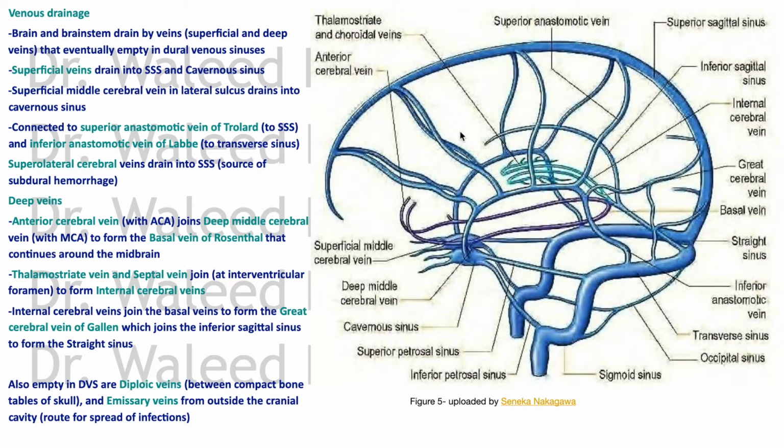Regarding veins, we have superficial veins like the superolateral cerebral veins, the ones you see here, that will empty into the superior sagittal sinus. And to do so, they are in the subarachnoid space, so they must pierce the arachnoid and become subdural, and then pierce the dura and empty into the sinus.